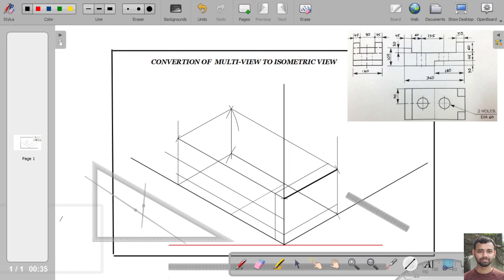The next part is this portion is completed, so we have made it darker. This one is also completed. This edge is completed, so that it will be easier for you to do the rest of the parts. You can make those parts darker.